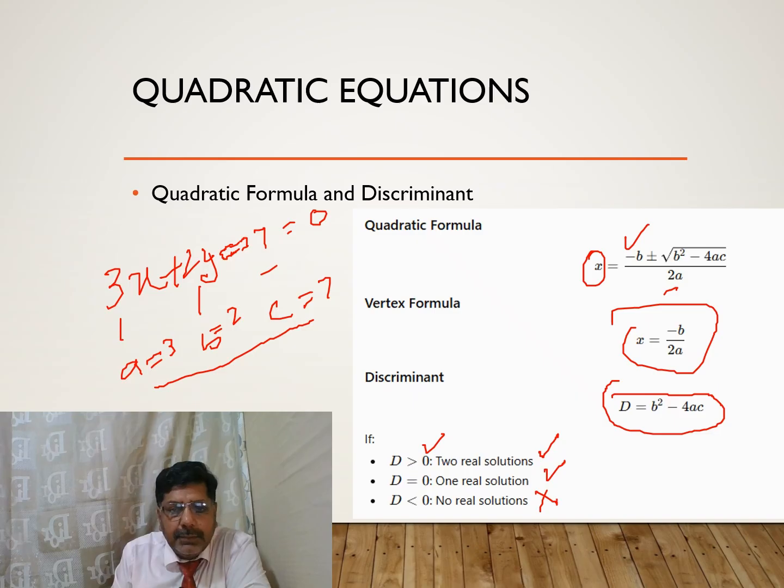Sometimes the question comes: if D is greater than 0, how many solutions are there? The options can be two solutions, no real solution, or one solution. The answer will be two real solutions. In the same manner, if D is equal to 0, obviously one real solution. So keep this as a note in your mind.